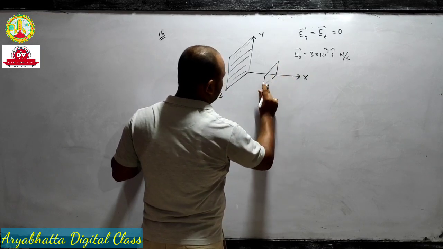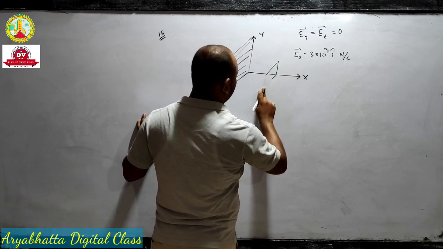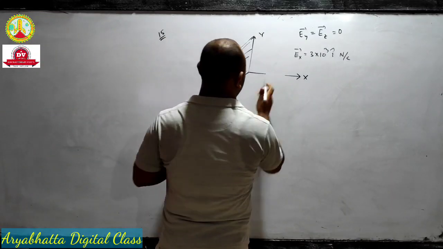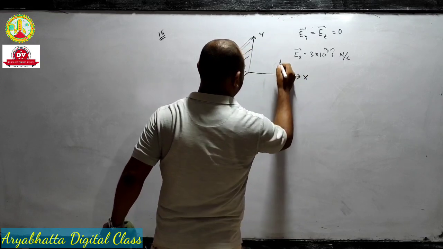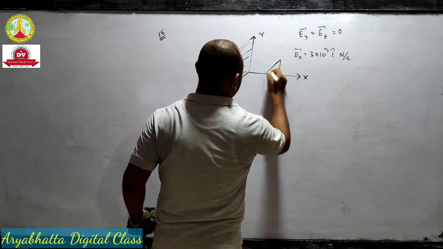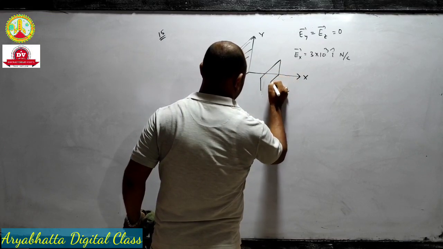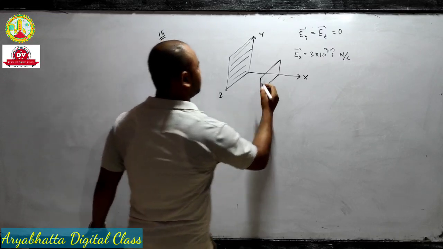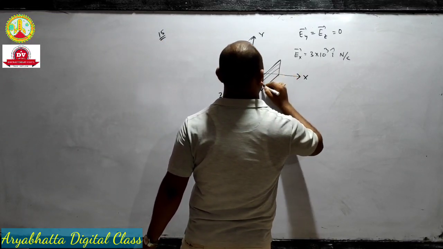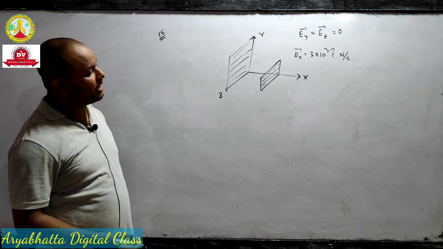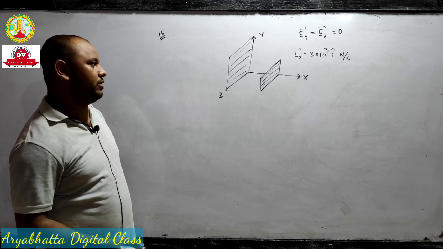This doesn't look quite like a square, sorry. This is a square surface like this. This surface is parallel to the YZ plane.